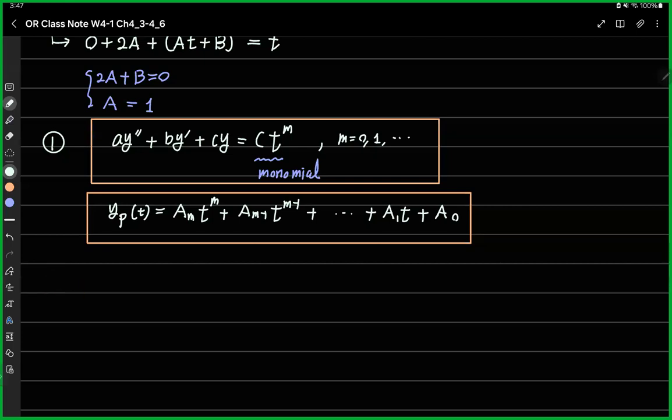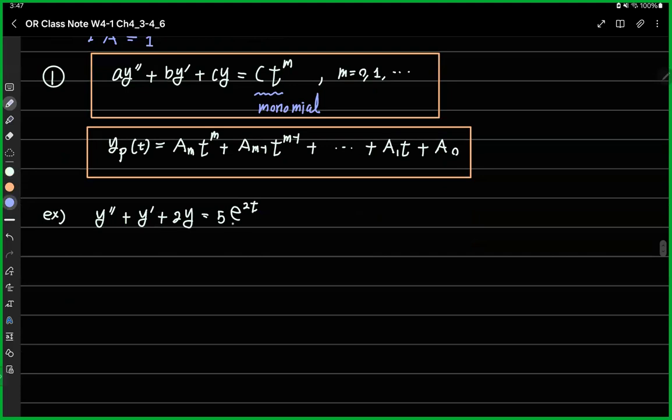Before doing that, let's see one more example. y double prime plus y prime plus 2y is equal to 5 times e to the 2t. See that right here, the exponential function is given.